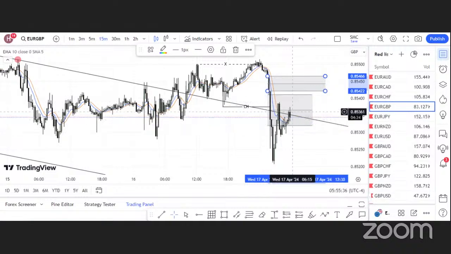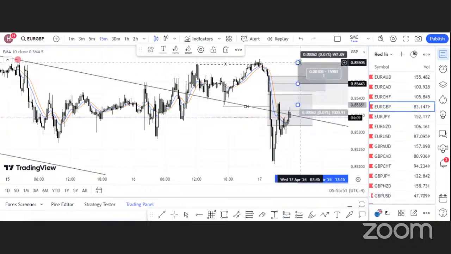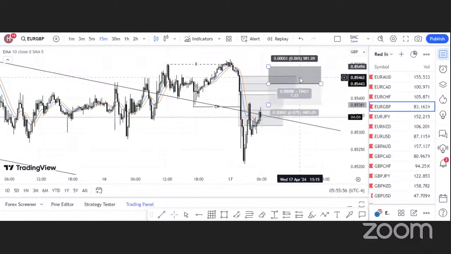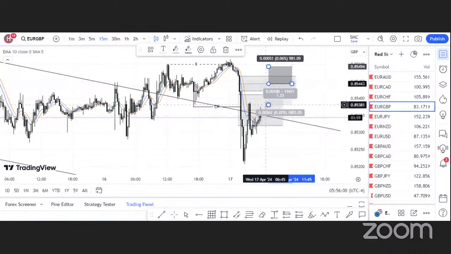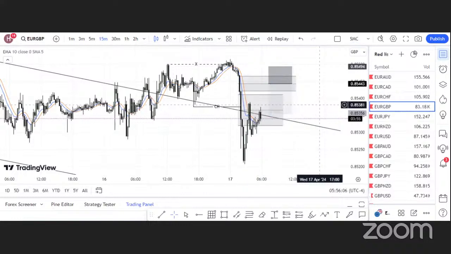And once this happens, that means the market will probably get up to this level before making a U-turn. Okay.